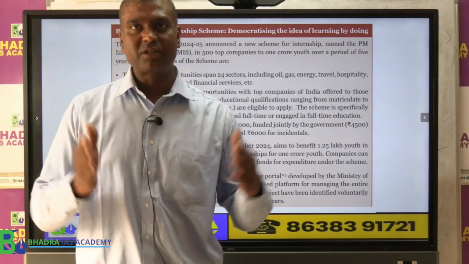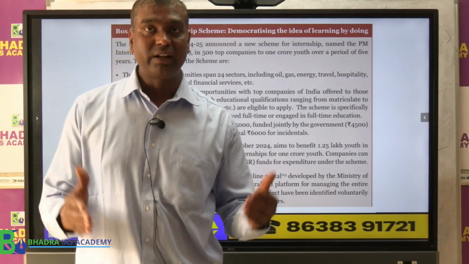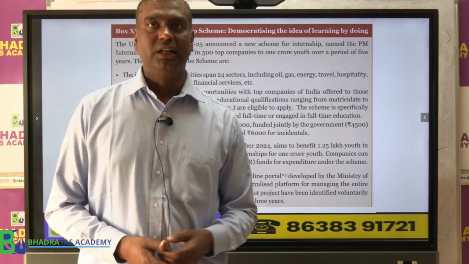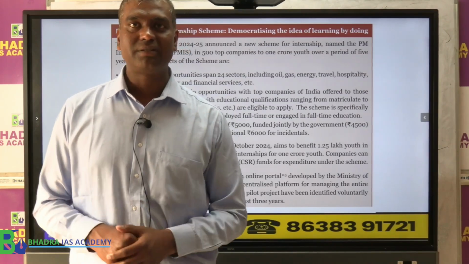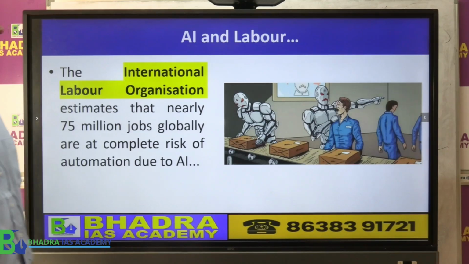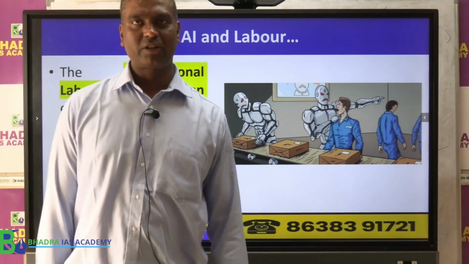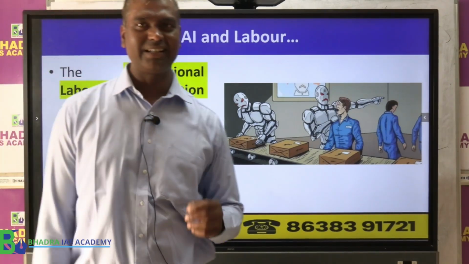So the government has been consistently trying to provide skill development to the labor force. The Economic Survey also highlights the need for skill development. The skill development is still very low comparatively. The Economic Survey's last chapter talks about labor and artificial intelligence.